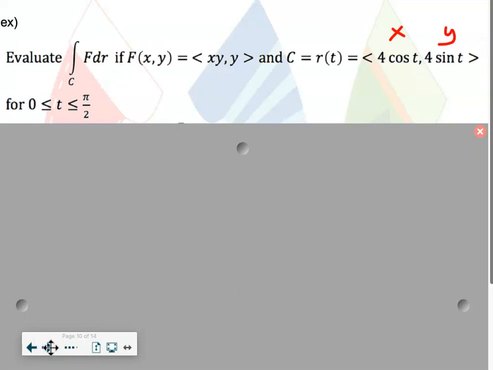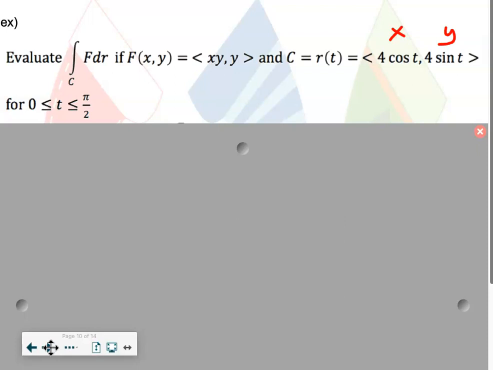Okay, good. All right, so evaluate F dot dr if F equals the function xy comma y and r of t is the function 4 cosine t, 4 sine t. So r has already been defined for you parametrically. And the first thing that you have to do is rewrite F in terms of t.